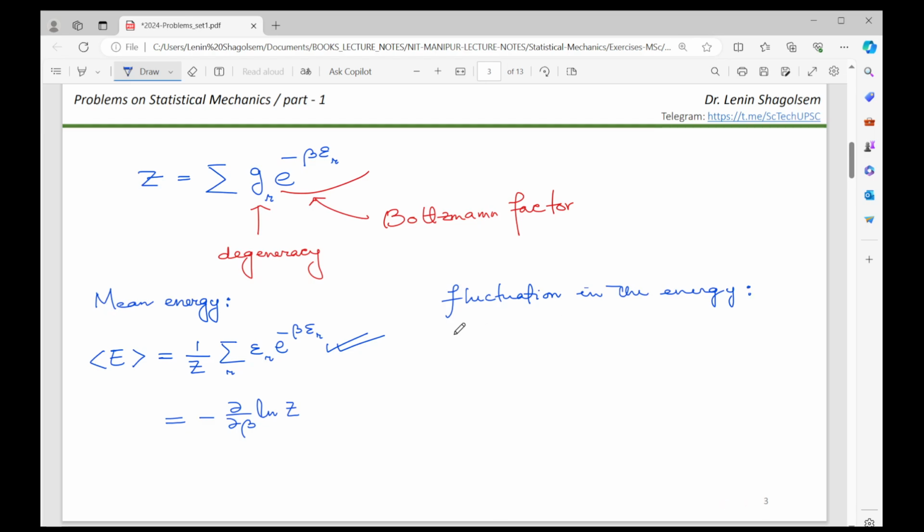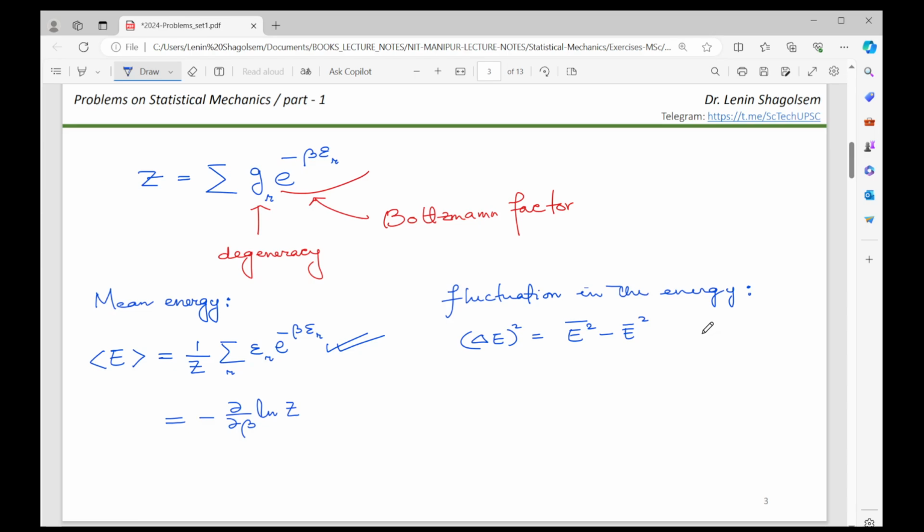And this can also be written like this. This is the standard RMS error: average of the square minus square of the average.